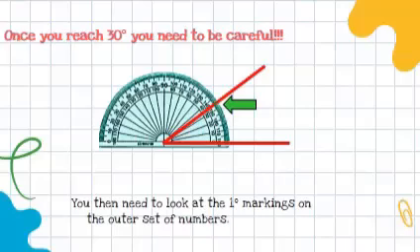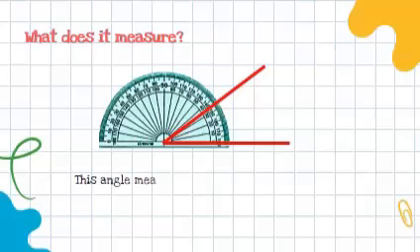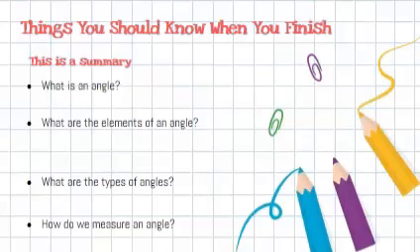So the arm stands on the 5th dash after the 30. This means that the measure of the angle is 35. So it measures 35. It's very easy. Put the point of the protractor on the vertex, one of the arms on the 0, and start counting until you reach the second arm, and you read the number. That's it. So that was our lesson.